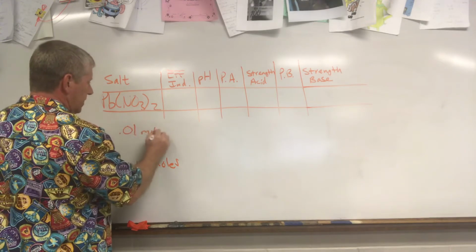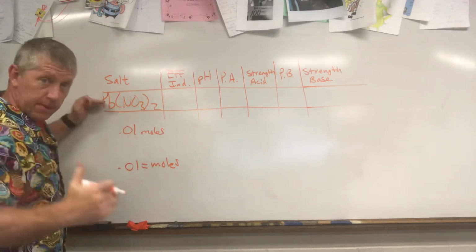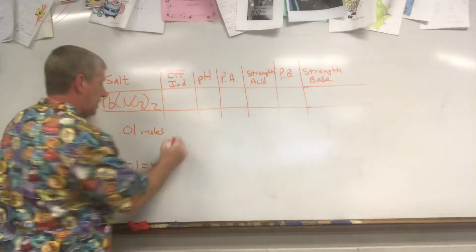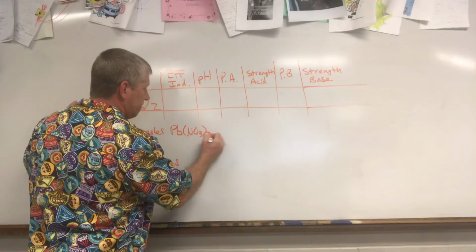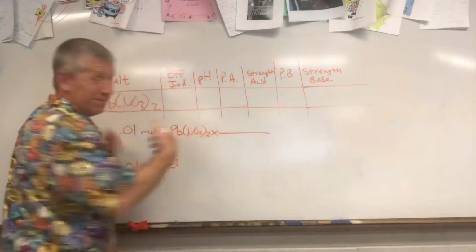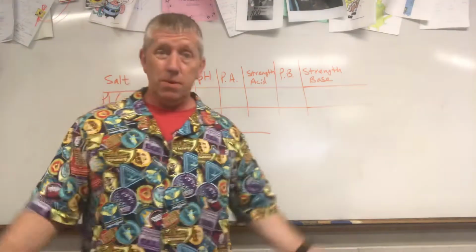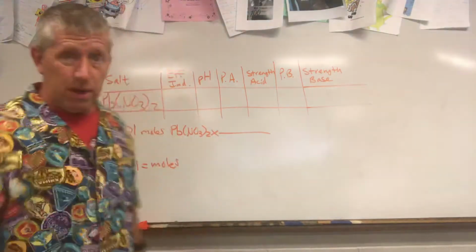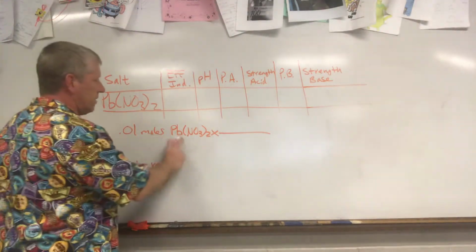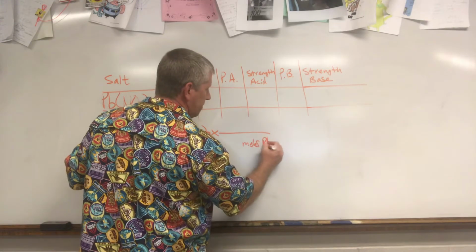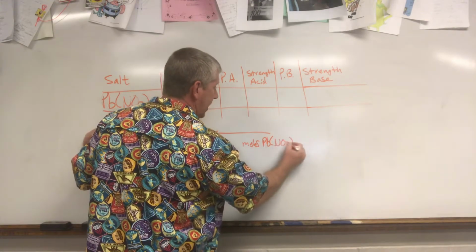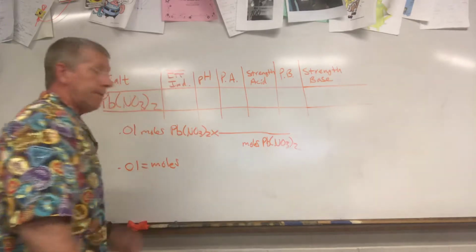And the first salt in the line is lead nitrate, PbNO3. Lab partner, I'm doing the most difficult one for you, probably. It's the one with the most stuff you have to add up, so I'm here for you. Now, moles of lead nitrate, we want to convert that to grams because balances do not measure moles.